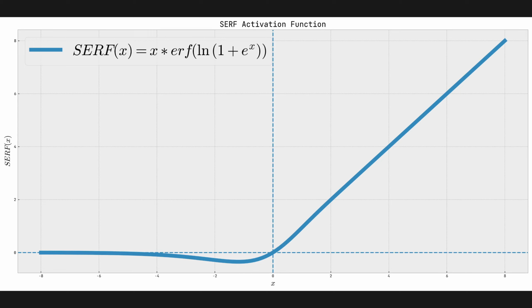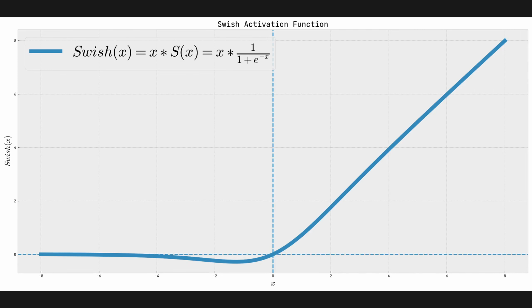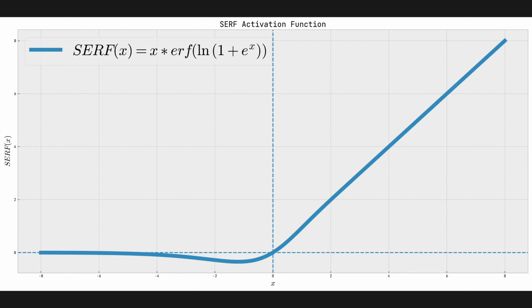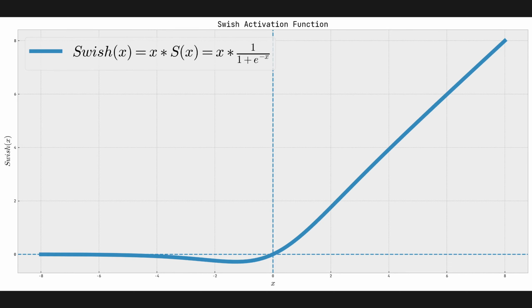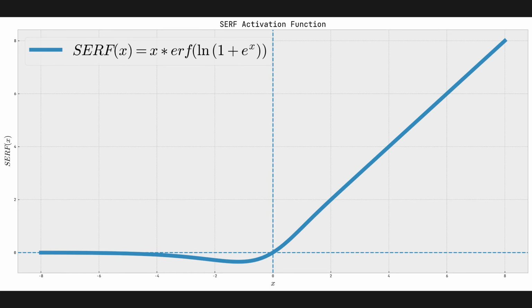Okay, and SERF versus Swish, I would assume the performance difference here would be even smaller. I have not actually written the code for benchmarking these, but just looking at the expressions here, they would be kind of similar. But yeah, SERF would probably be the most computationally intensive activation function.